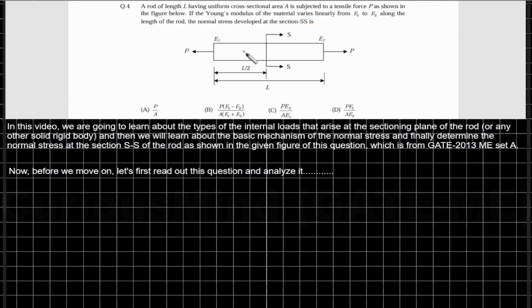Alright, so what this question is actually asking is about the normal stress that develops at this section SS due to the application of the two tensile forces P at the opposite ends of this rod.